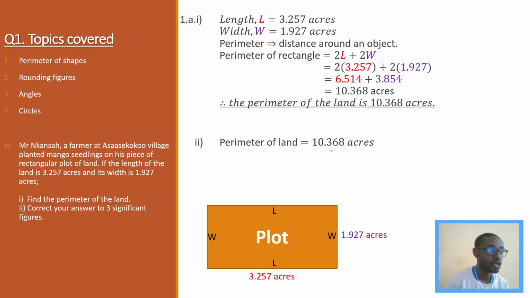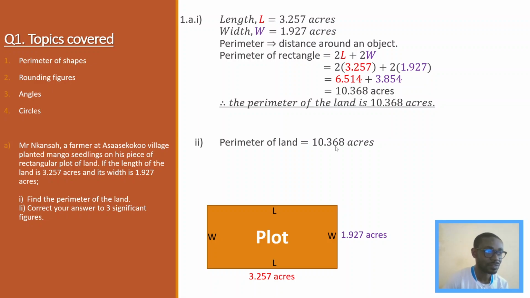When that is done, you look at the next figure that comes. This figure is 6. But is 6 more or less than 4? 6 is more than 4, right? So once it is more than 4, you add 1 to the 3 here to make it 4. I'm taking it again. Our 3 significant figures here are 1, 0, and this 3 here. That means 10.3 is our significant figures here.